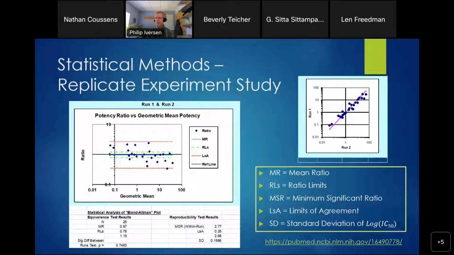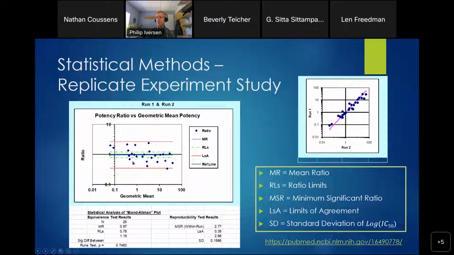But this is an example using potency data where a log scale is more appropriate for doing means and differences. And that's equivalent to plotting the ratio on the vertical axis with a log scale versus the geometric mean on the horizontal axis, again with a log scale. So each data point in the plot is one of those 20 compounds, or in this case, there were 25.